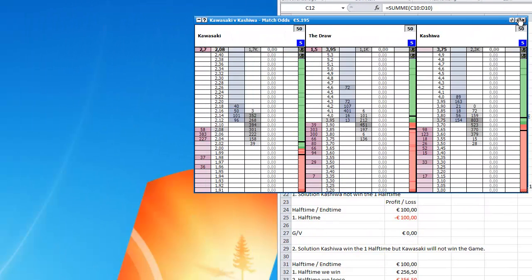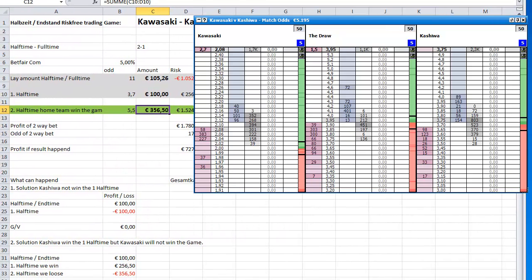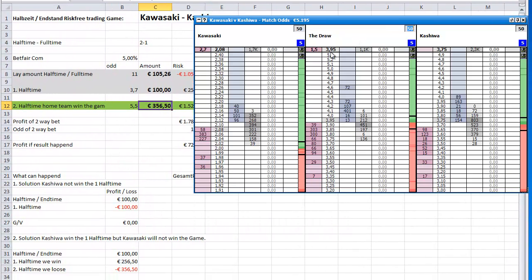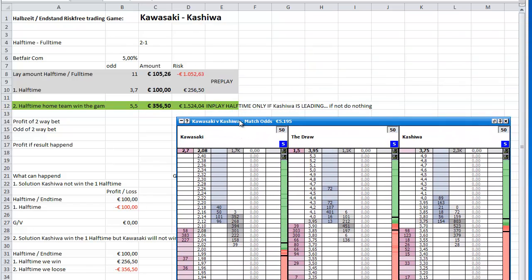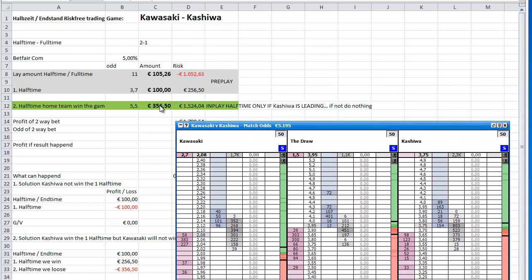So if we take 356.50, this is the amount of our initial stake, 100 euros. After the first bet, this amount is free, and our winnings from the first halftime.